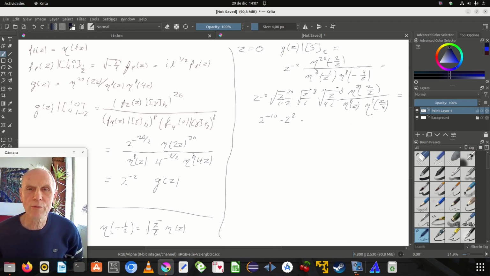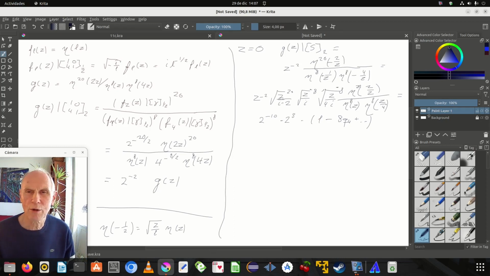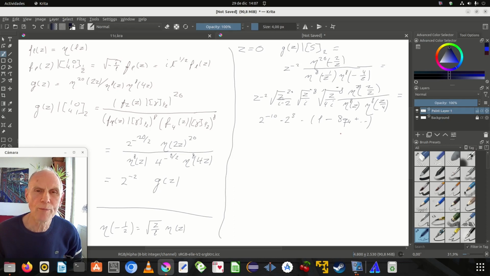So this one will give 1 plus something with Q4. So it's minus like 8Q4, etc. Because it's to the 8th, I think we get 1 plus 8, and then we make the series and expand, so it becomes 1 plus. So that's the lowest term we have. And all the others are, of course, multiples of Q4.